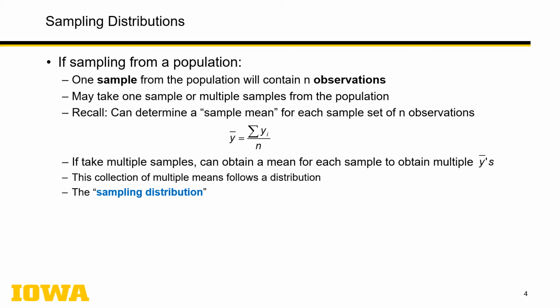It is the distribution of the means, not the distribution of all of your observations. And this again is why the means are called a statistic, because they have a distribution. The same thing is true for a standard deviation, which could also be calculated for all of these samples, right? And so you could actually end up with a standard deviation of the standard deviations. But let's move forward here.